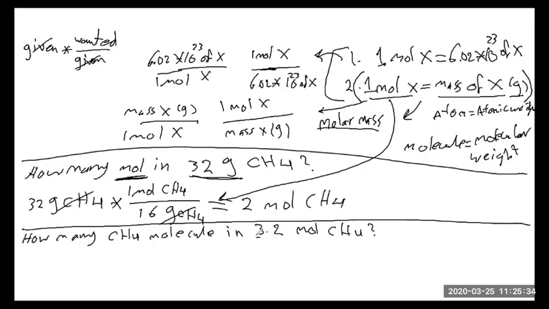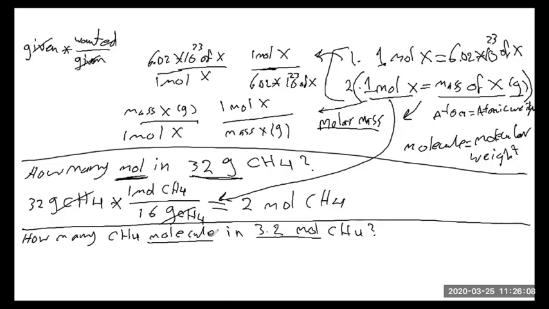What do we have here? 3.2 mole. What are they asking? Molecules. So which factor will you use? Number 1 or number 2? Look at here. What are they asking, how many molecules? That means they are asking about a number.